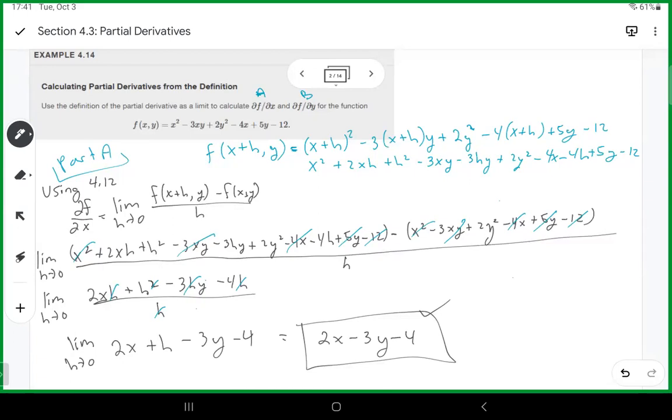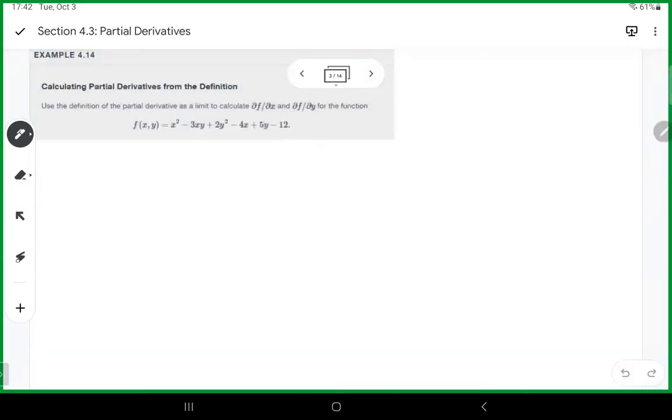So we'll do that with part B next. Okay. Yep. Hopefully everybody's good with that. So again, this part we did as A, this part we'll do as B.